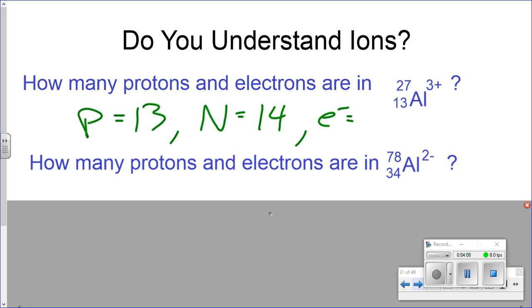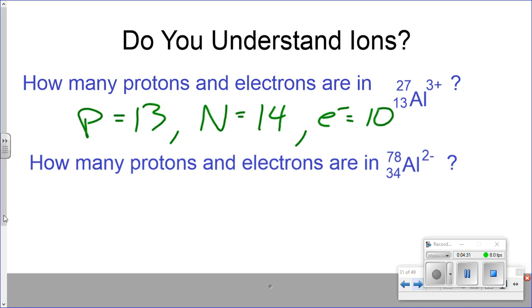It's not 13, so the protons and electrons no longer match. This must have lost 3 electrons because it's 3+. So if you've lost 3 negatives, you become overall positive. As a matter of fact, you become +3 if you've lost 3 of them. So how many electrons does this have? That's 13 minus 3 is 10. 10 electrons.